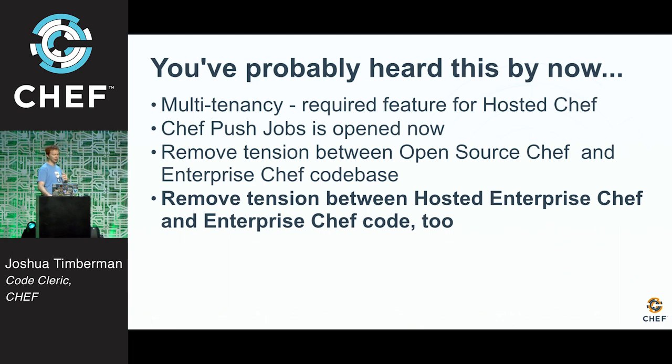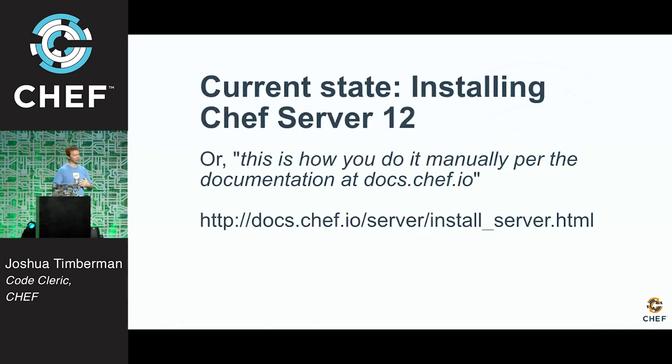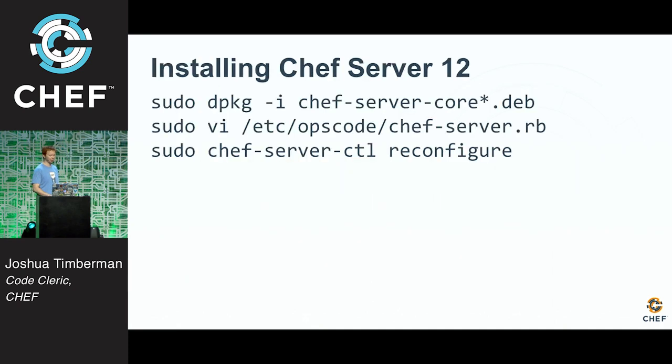But before we can talk about actually having one of those, we should see what installing a Chef Server 12 looks like. So if you go to docs.chef.io, there's an install server page, and it will walk you through the steps. And if you take out all the prose that tells you about why you're running those commands, and you just get down to the basic commands if you're using Ubuntu, you have 3 commands. dpkg -i, the deb file is the omnibus core package for the Chef server.